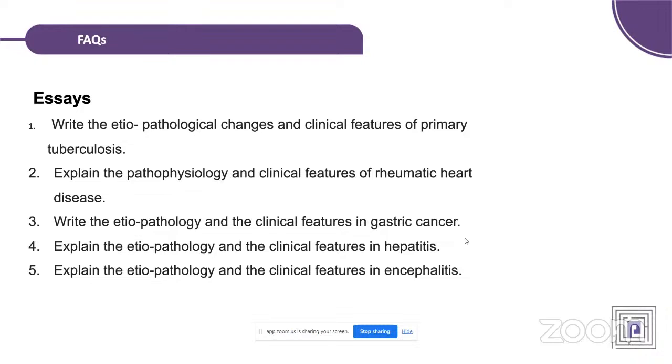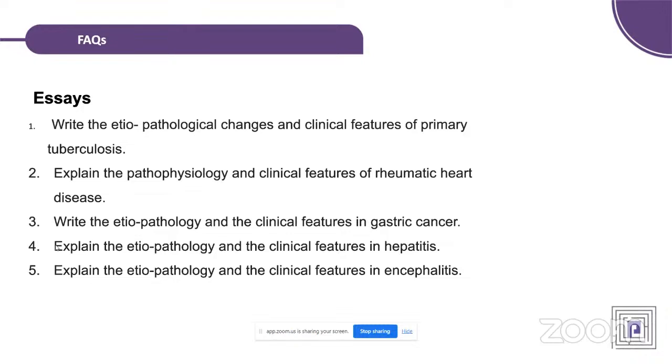And what is the next question? It is explain the etiology and clinical features in encephalitis. What is encephalitis? So the etiology can be primary or secondary. In infections, the most common infection causing encephalitis is herpes simplex virus. Then Epstein-Barr virus and some infections like measles also can cause encephalitis. You need to list out the causes, and then you should go to the pathology. In pathology, it is an infection of the brain, so the brain parenchyma is infected.